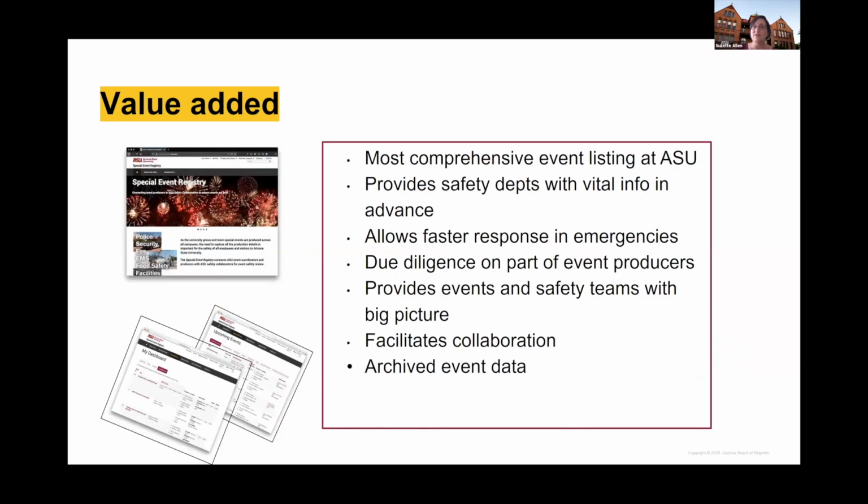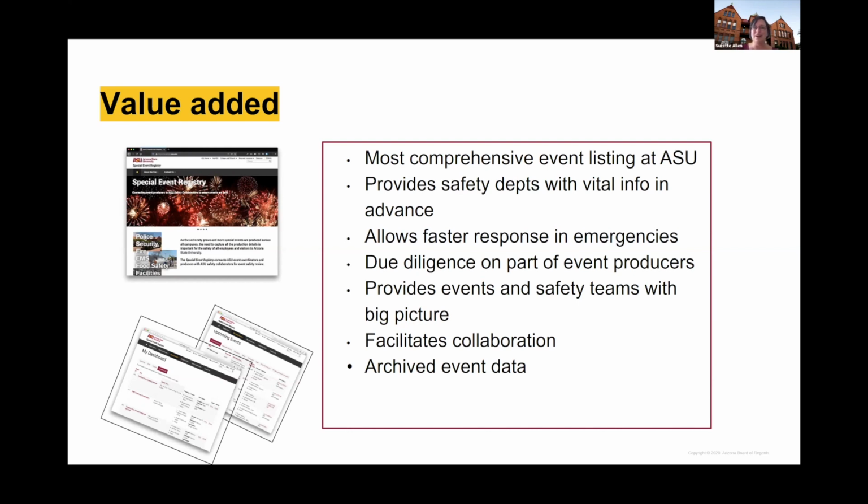This is a comprehensive listing at ASU. It provides the safety departments with vital information in advance in order to help you have a safe event. It allows faster response in emergencies. So if it is an event that isn't normally there, the safety teams will know that you're there.